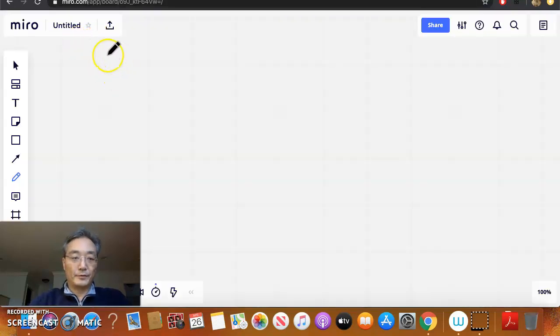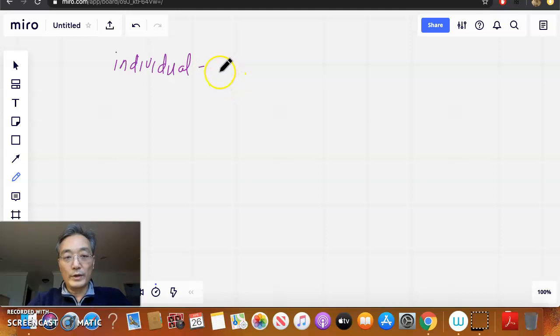So first, individual. In statistics, when we talk about the individual, this basically deals with whatever the data is pertaining to. To what or to whom is this data pertaining to?